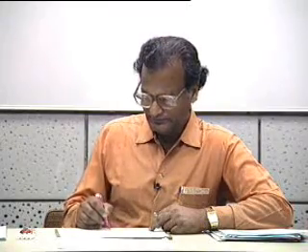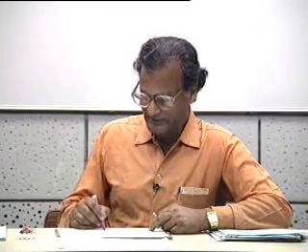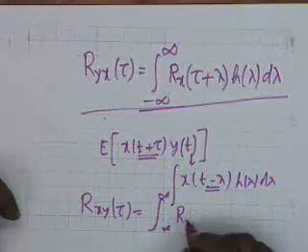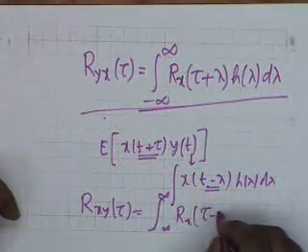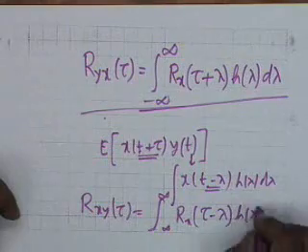It would be a convolution with h of minus lambda instead of h(lambda). But we will leave it as it is. We will not bring h of minus lambda into the picture. We will say Ryx(tau) is this, and let me also write Rxy(tau). This is the integral from minus infinity to infinity of Rx(tau minus lambda) h(lambda) d lambda.